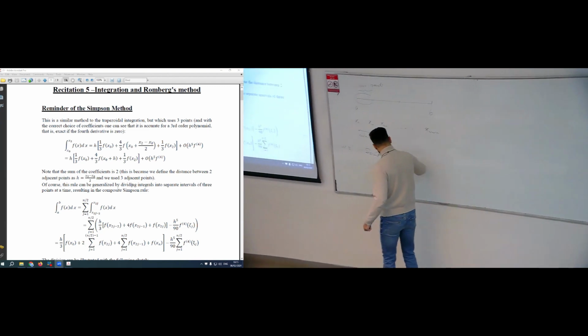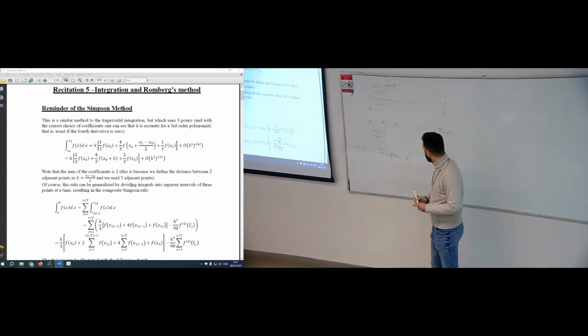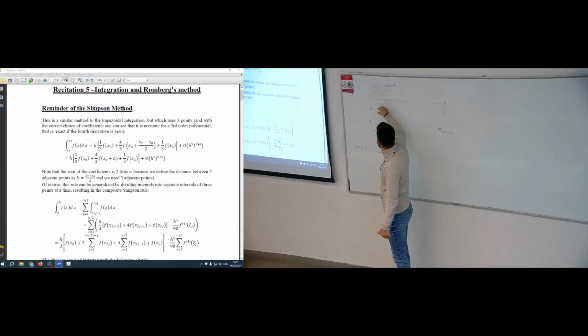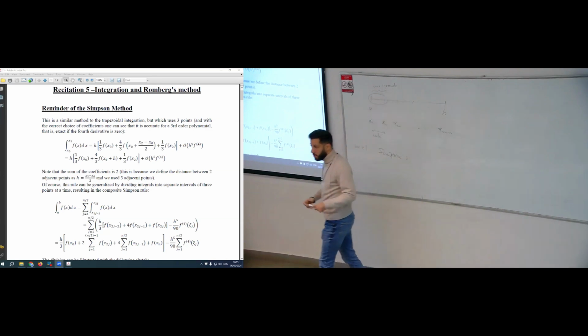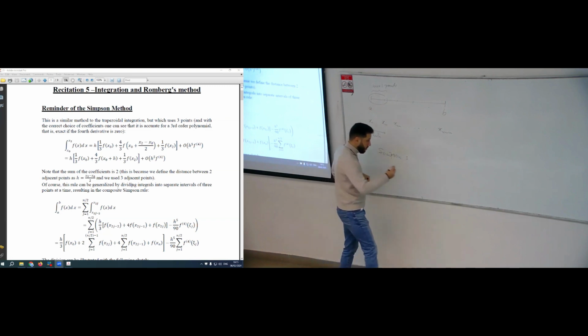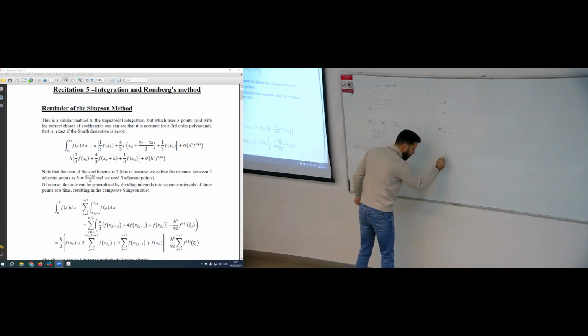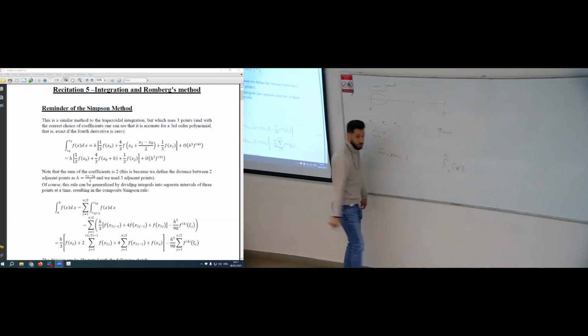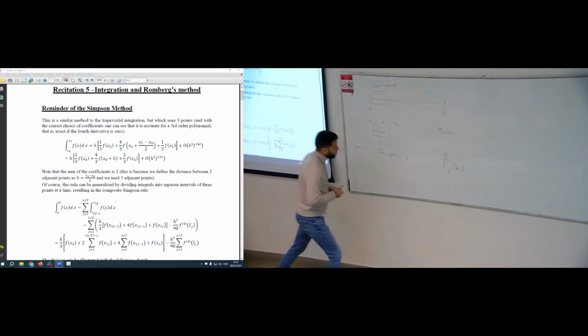So what do we do if we use the Simpson rule? What's our way when we use m plus 1 points? We interpolate the function there using these points, and then calculate the integral. So we approximate the function by a polynomial of order 2, a quadratic polynomial, and then make the integral.